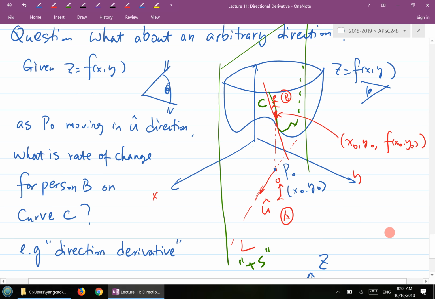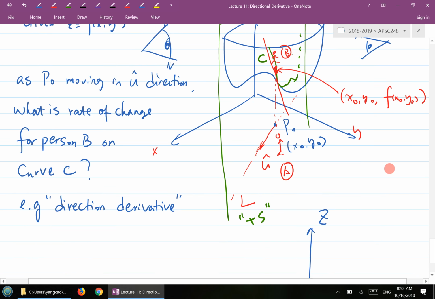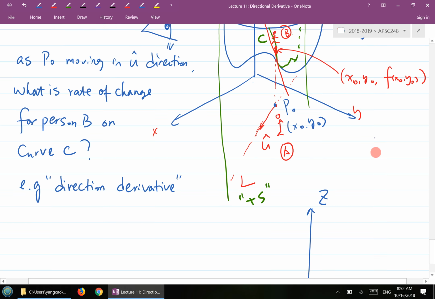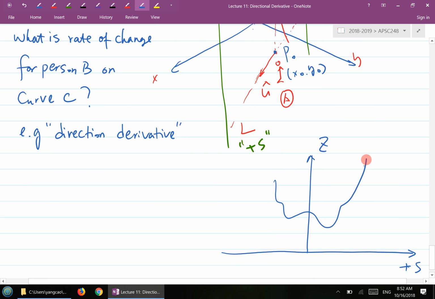The left or the right? The right, right? Only when you look from this direction here, here's a positive S, here's a positive Z axis, and then the C curve is this, so you can draw the C curve as whatever it should be.